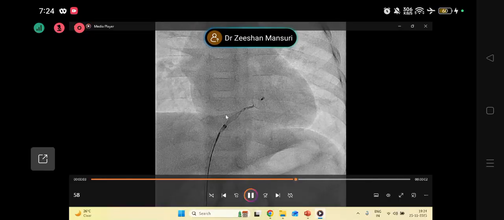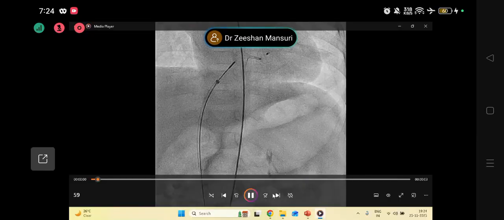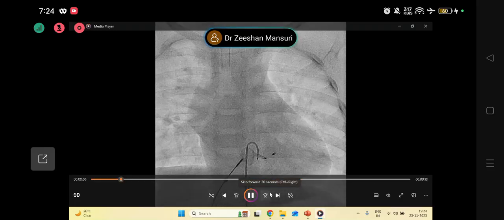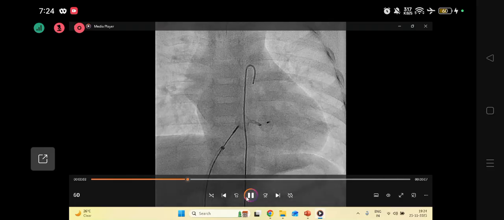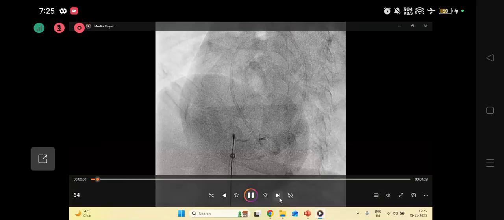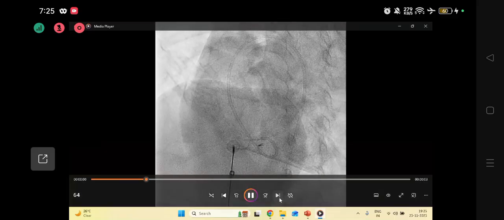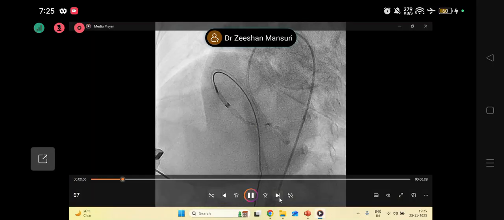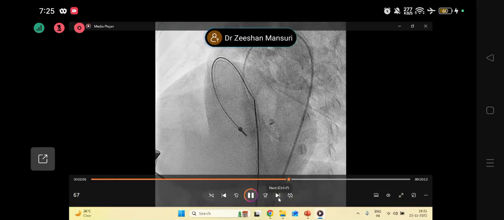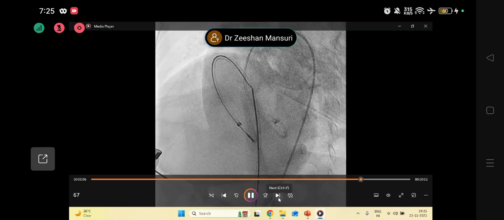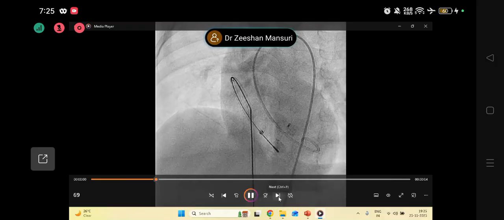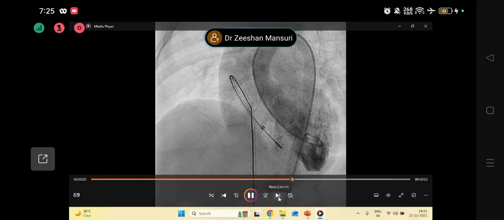So we take it again, we capture it again, and then we go from the right atrium by making a loop from above, and then we deploy the right ventricular disc again. And then we take an angiogram just to confirm whether the defect has been closed.